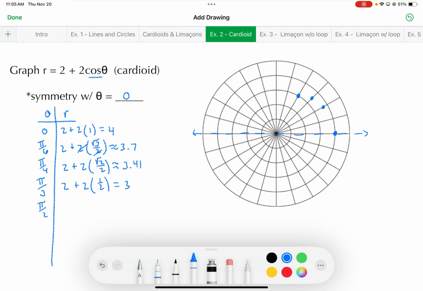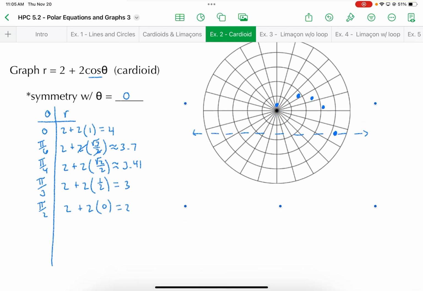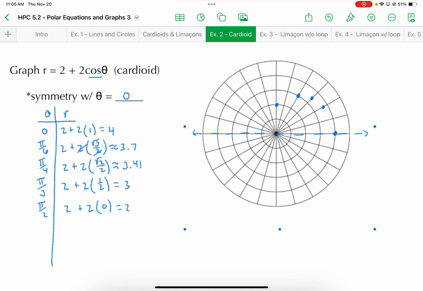Okay, and then I'm going to go up to pi over 2. That's going to be 2 plus 2 times 0. Cosine of pi over 2 is 0. So I end up with a 2. All right, there's my point. Okay, so I've used a bunch of first quadrant angles.